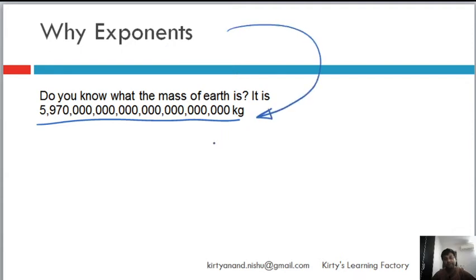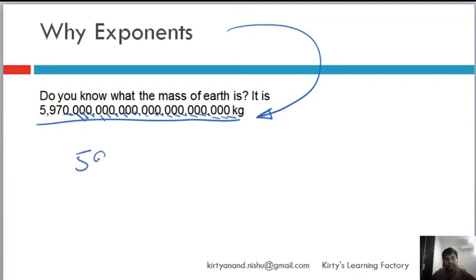invented to make sure that we had an easier representation and therefore easier calculations on these numbers. Only representation is not the aim. We also have to make some calculations. So this number, how many zeros are there? 1, 2, 3, 4, 5, 6, 7, 8, 9, 10, 11, 12, 13, 14, 15, 16, 17, 18, 19, 20, 21, 22.